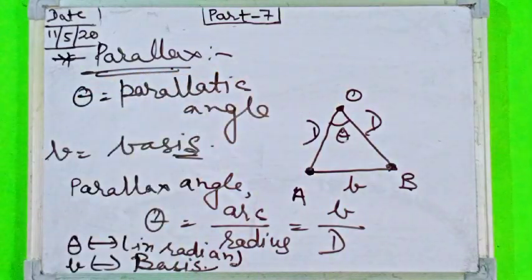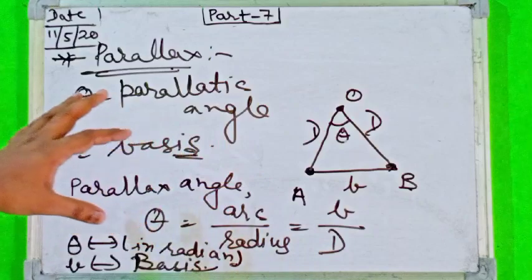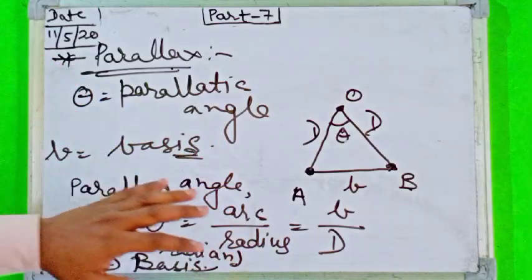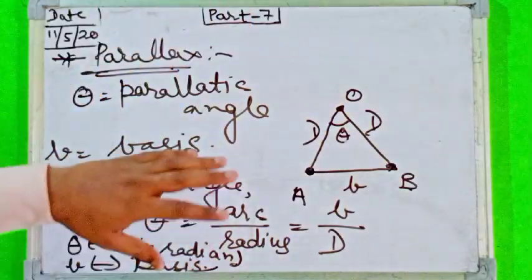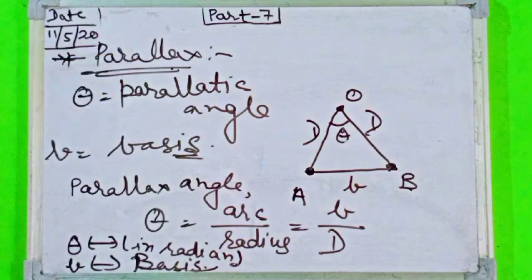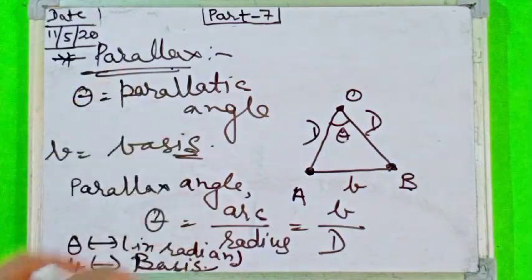So this method is useful in calculating the distance between the Earth and any given planet. It is also useful in calculating the diameter of a given planet.